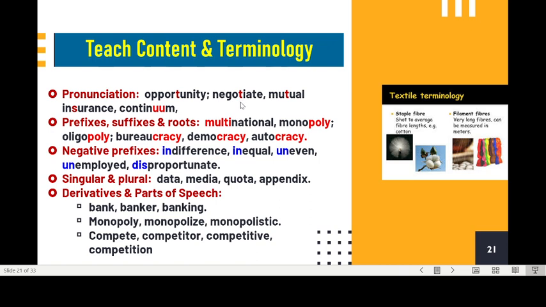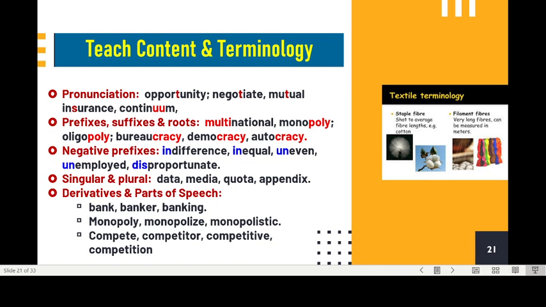But in negotiate it is pronounced sha. And in mutual it is pronounced cha. Insurance is pronounced sha. In continuum, we have two, use. Also, we have to break words into suffix, prefix, root: multinational, monopoly, oligopoly, bureaucracy, democracy, autocracy.